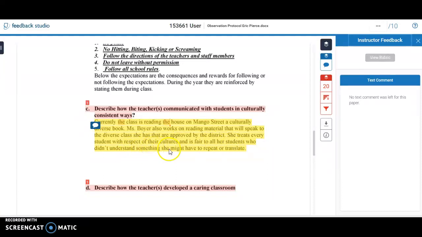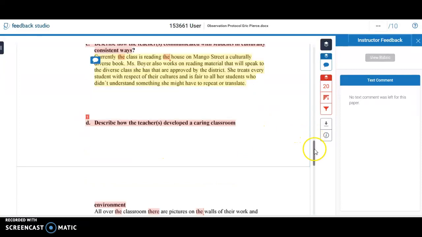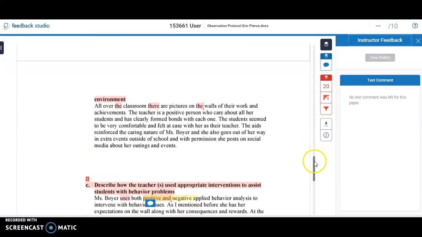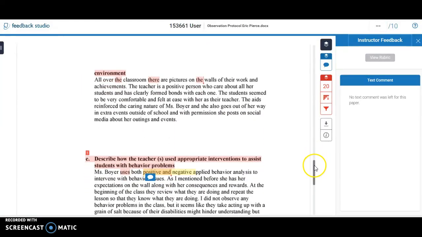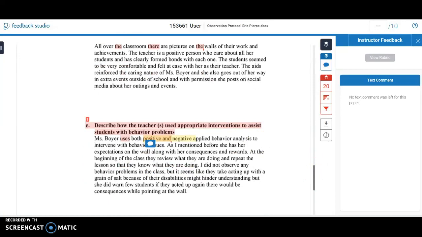Who didn't understand something, she might have to repeat or translate. That's what I observed. All over the classroom. Describe how the teachers developed a caring classroom. All over the classroom, there's pictures, etc. She is a positive person. She's very comfortable. They're very at ease, except for the aides had issues.